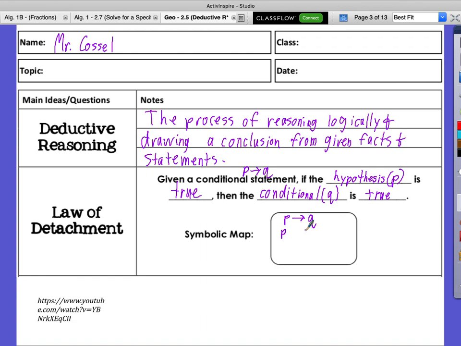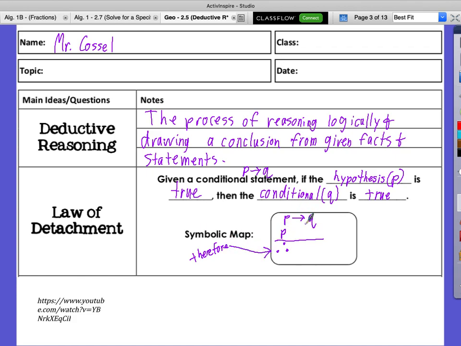Do you have to remember this? You don't have to remember the map. It's just a helpful way for us to see it visually. We'll say then, and we'll draw these three little dots here. Those three little dots are just a symbol meaning therefore. The line is just telling us this is what we're given.